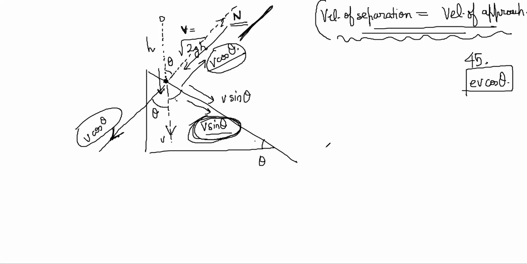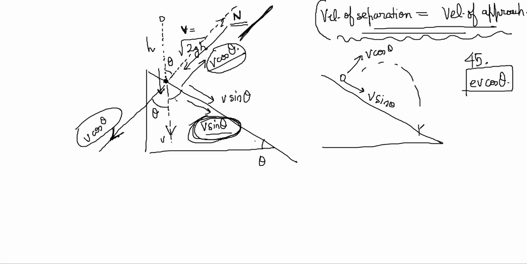And now the question is basically: if you have a body that is going at v cos theta like this and v sine theta like this, where will it fall on the incline? During any portion of its motion, mg will be like this, and mg sine theta will be like this, and mg cos theta will be like this.